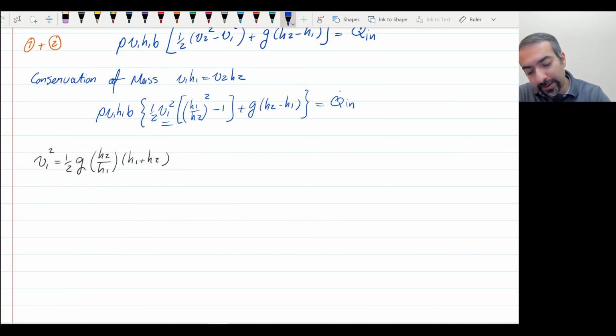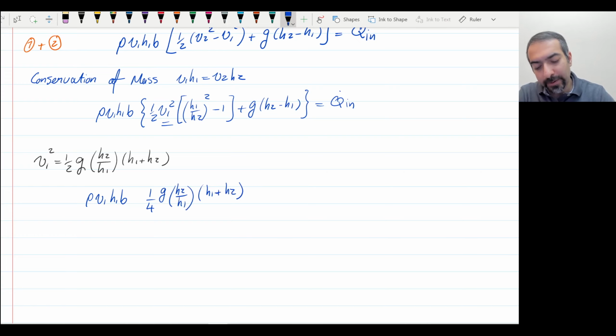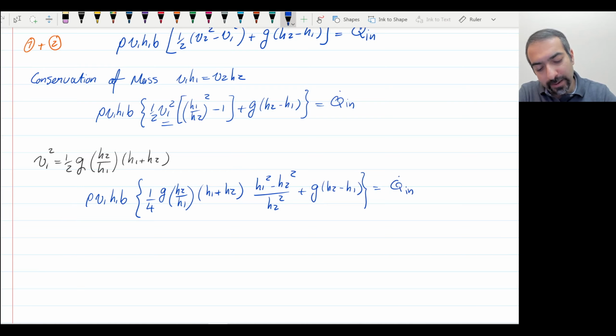So therefore, I can write this as rho v1 h1 b, 1/2 v1 to the power 2 is going to be 1/4 of g h2 over h1 times (h1 plus h2), and then this has to be multiplied by (h1 squared minus h2 squared) divided by h2 squared. All right, plus g times (h2 minus h1). That's Q dot in.